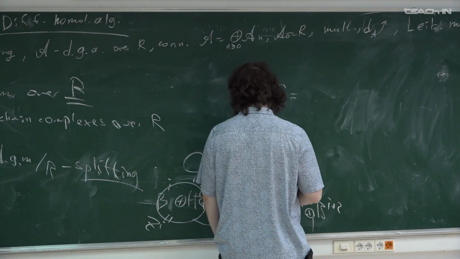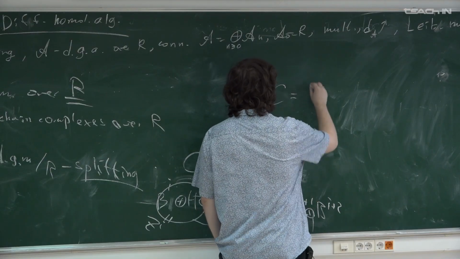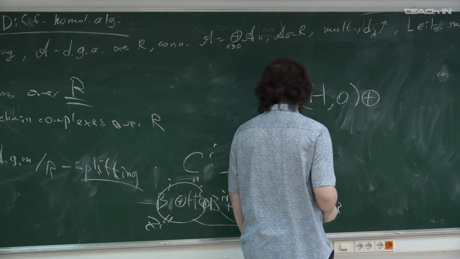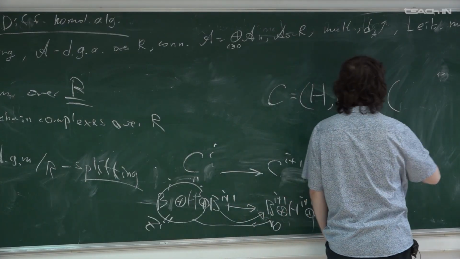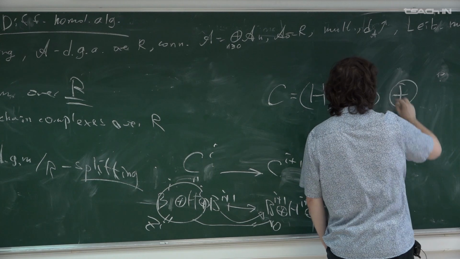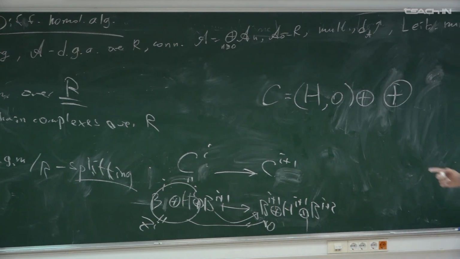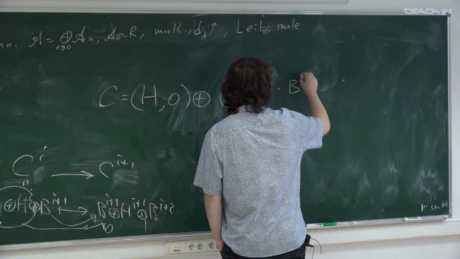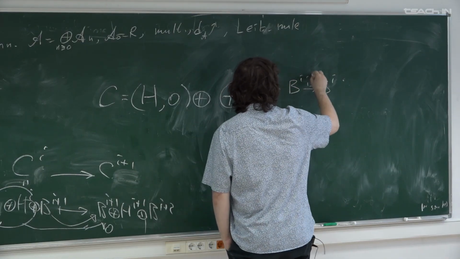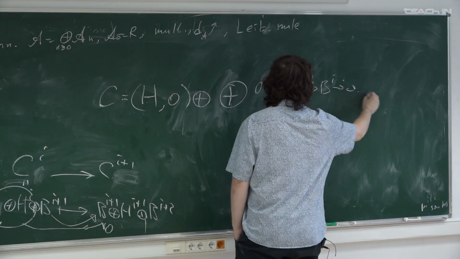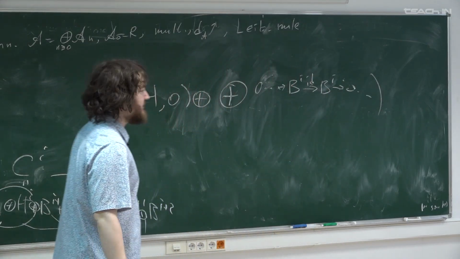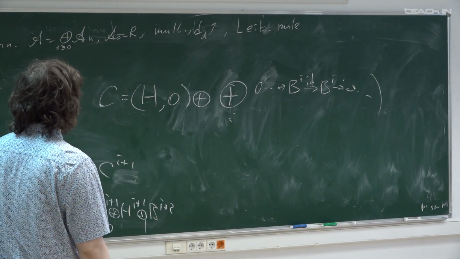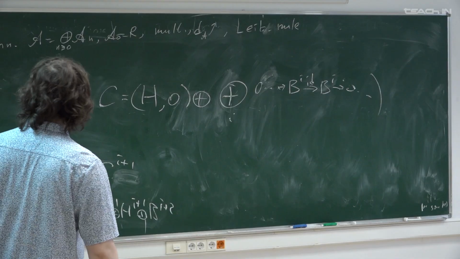It's a direct sum of the homology cochain complex with zero differential, and a direct sum of such chain complexes which have only one place of this form, something like this. Yes, it's a differential splitting complex.